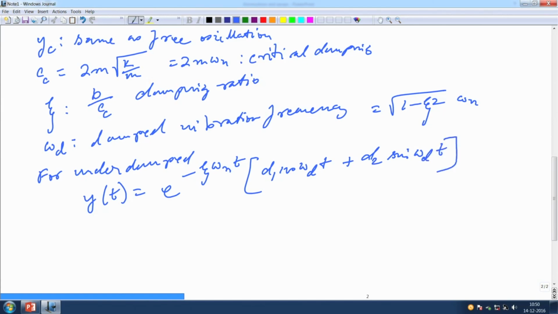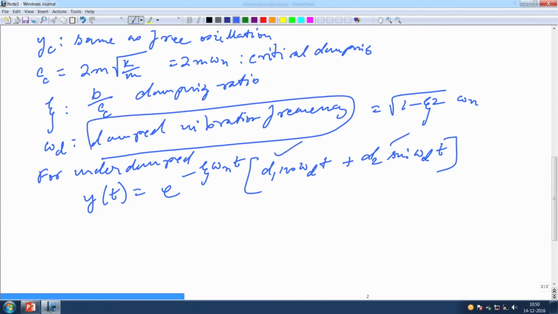That is the main form of the equation that you are going to get. And this, you remember, is the damped vibration frequency. There are 2 boundary conditions needed to solve these 2 constants. Usually what you are given is y at time equal to 0, y 0, then y dot at 0, which we can write as dy by dt at 0.